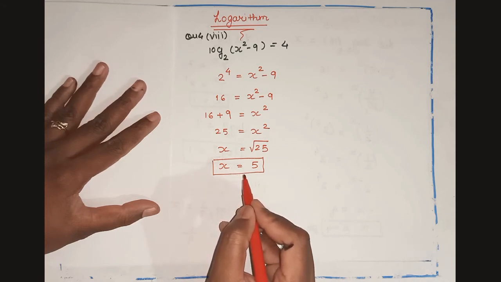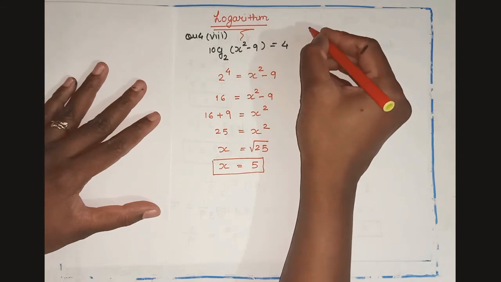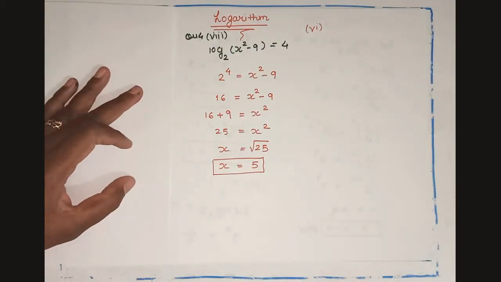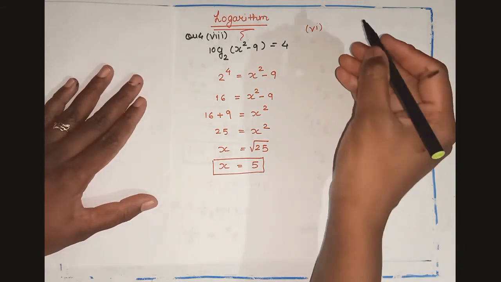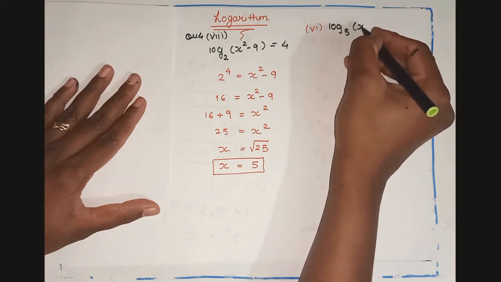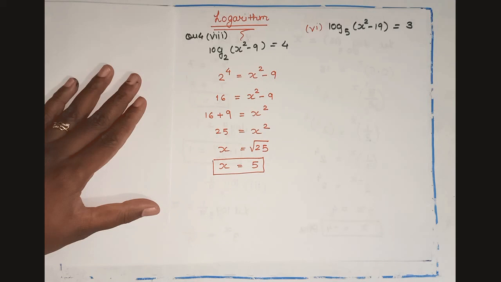Then next, moving ahead, I will take the 6th problem. In the 6th problem it is given log to the base 5 of x square minus 19 equals 3. So do it.